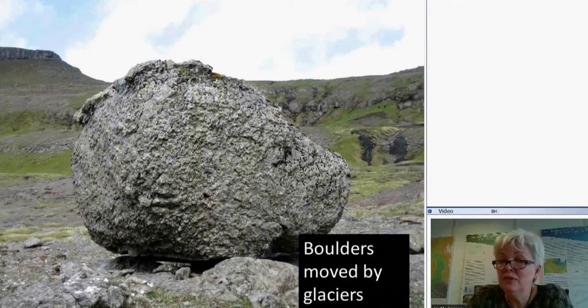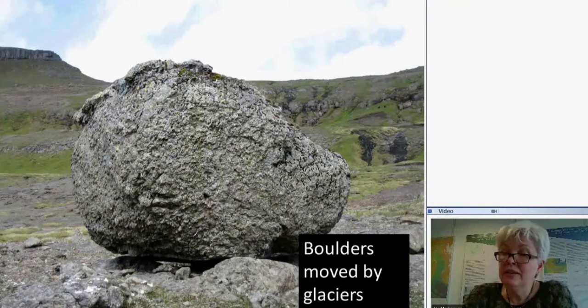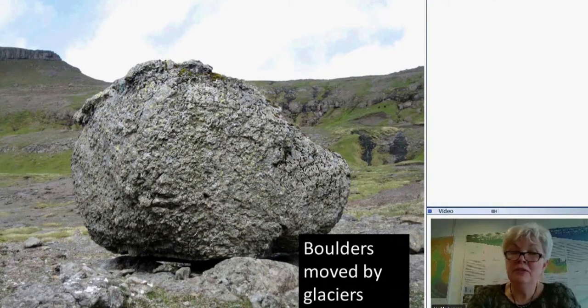How can such a big rock just lie there all of a sudden? Rocks like that will be moved by glaciers. They are called glacial erratics, boulders moved by glaciers. And it tells us again about the size of the glaciers and the direction.